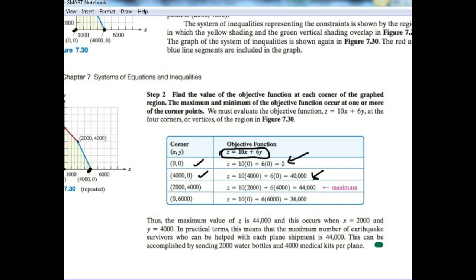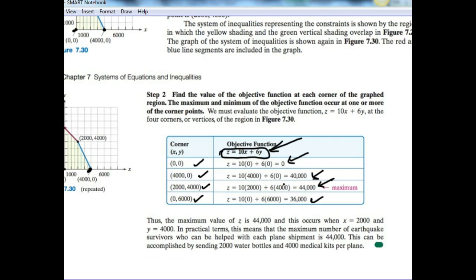The next one is at 2,000, 4,000. So if I substitute in 2,000 for X and 4,000 for Y, that becomes 20,000 plus 24,000, which ends up being a total of 44,000. And then finally, if the vertex 0, 6,000 were put into the objective function, we end up with a total of 36,000.